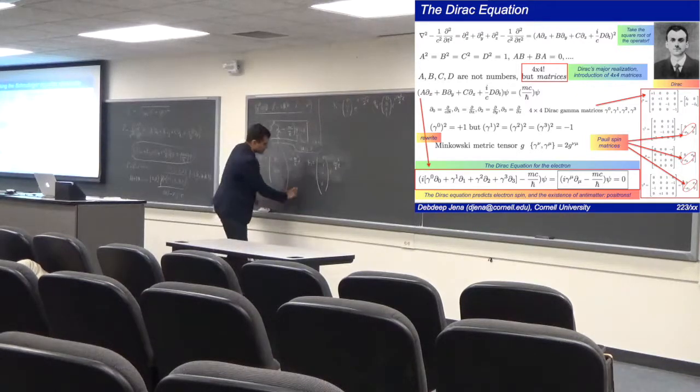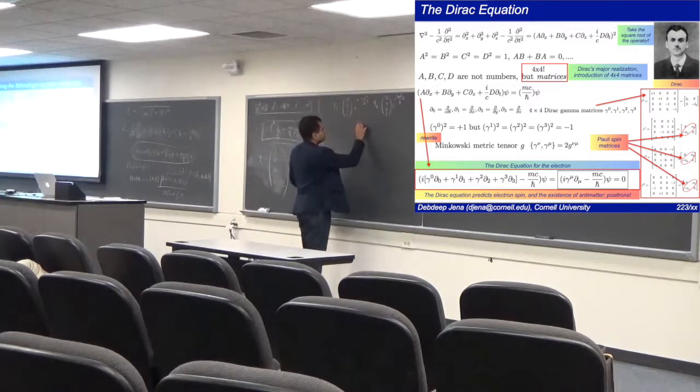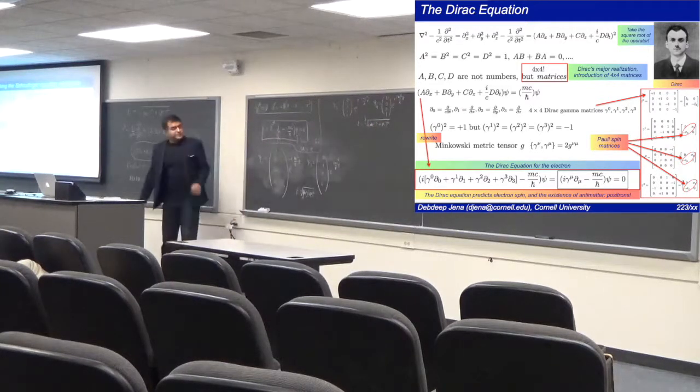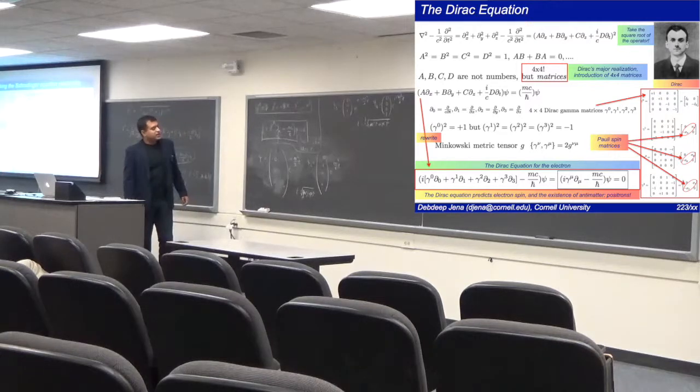If you look at this wave function and apply the Dirac equation, the energy will be the square root of mc squared plus pc whole squared. But for these two, it will be negative, a minus sign.